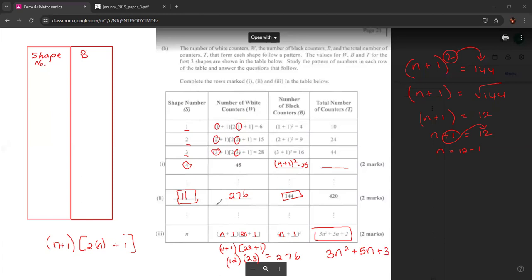Wherever I have n, I'm simply going to put 4. So that will be 3 times 4 squared plus 5 times 4 plus 3. 4 squared, 4 4s are 16. 16 times 3. 5 4s are 20 plus 3.